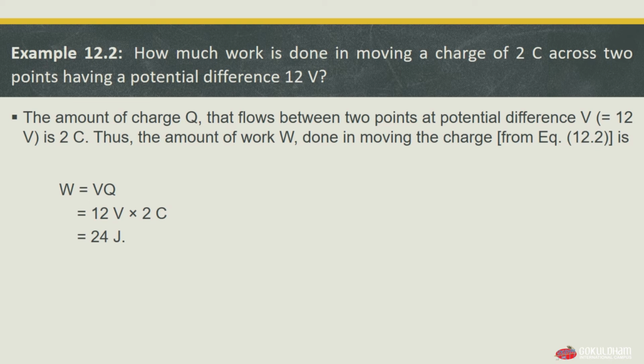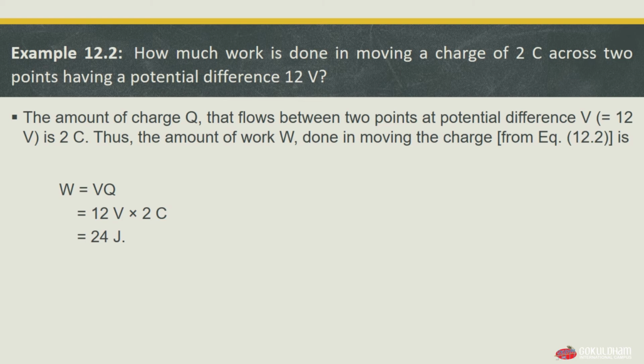Recall equation 12.2, which was V equals W by Q, meaning volt equals work done divided by coulomb. To find the work done, we take the Q in the denominator to the left hand side, where it goes into multiplication with volt. So we get work done equals volt into coulomb.